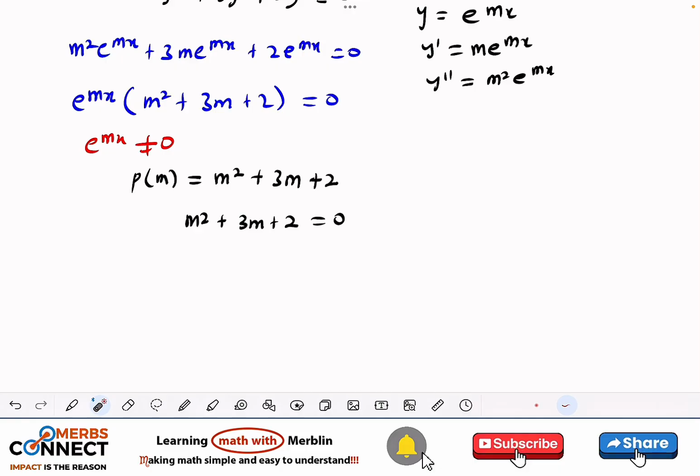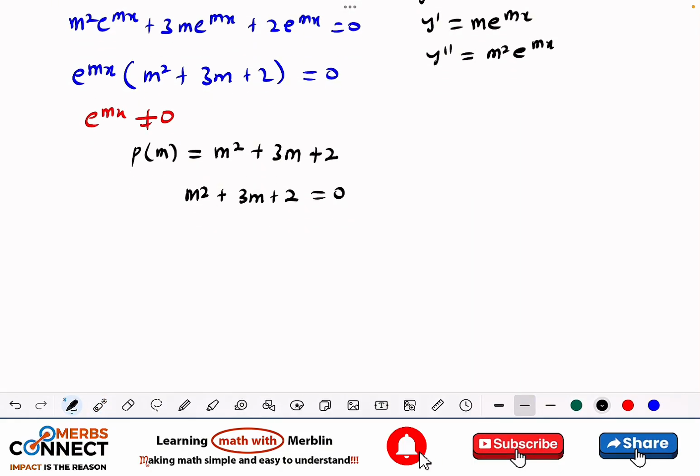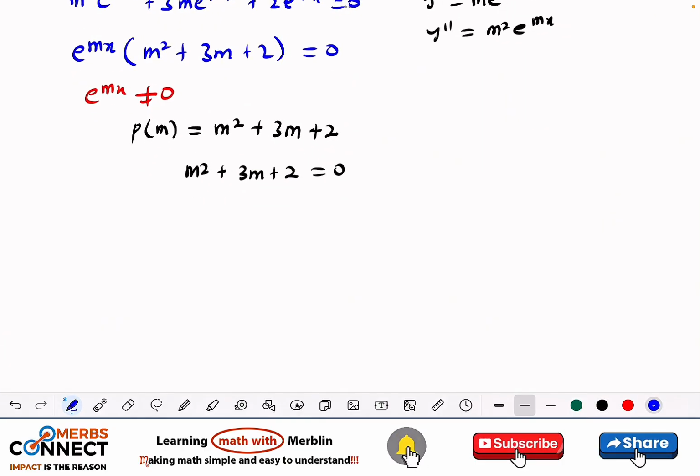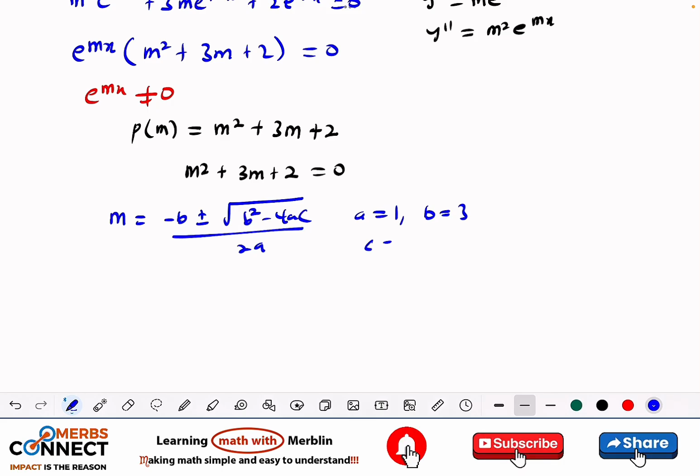So there is no way it's going to be complex. So I can just do factorization from here. Or let me just use quadratic so that we can just move forward. So m will be equal to minus b plus or minus the square root of b squared minus 4ac, divided by 2a. a is equal to 1, b is equal to 3, and c is equal to 2.